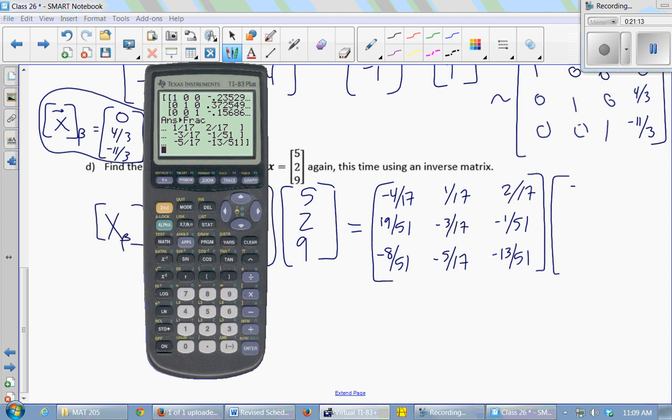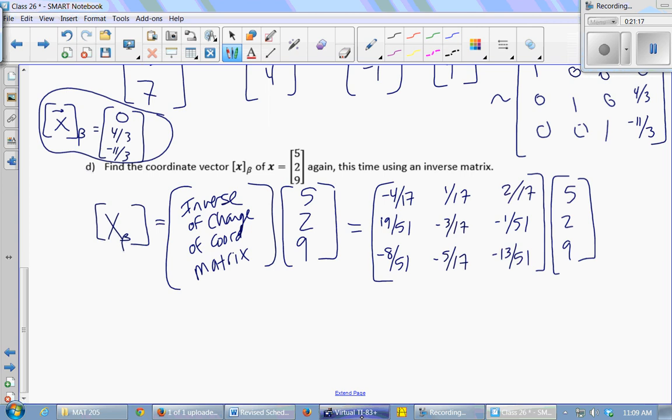Multiply that by 5, 2, 9, and you will get the coordinates of x with respect to the new basis.